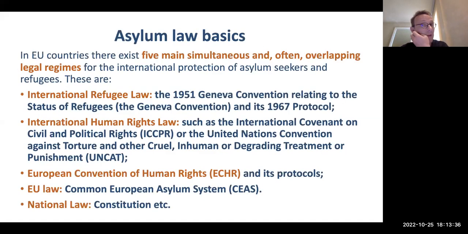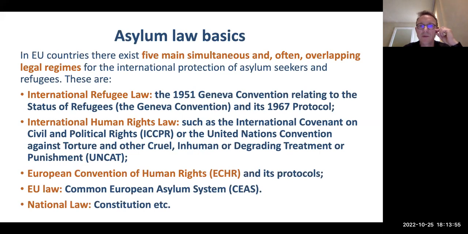What is important to recall, and I'm going very quickly because I don't want to be repetitive, is that we have a very interesting but also very complex overlap of 5 simultaneous and often overlapping legal regimes.